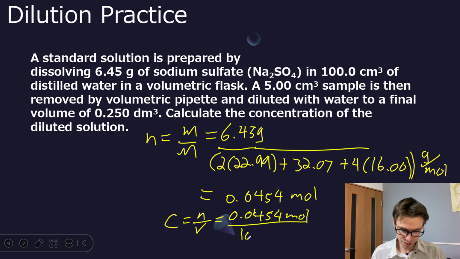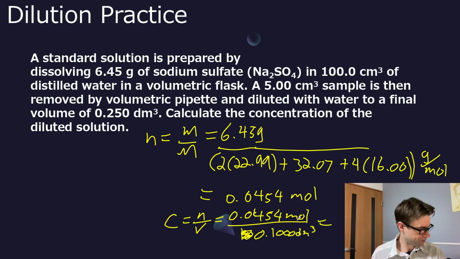So that's 100 cm³, that's 0.1 dm³. And so we get 0.454 mole per dm³.